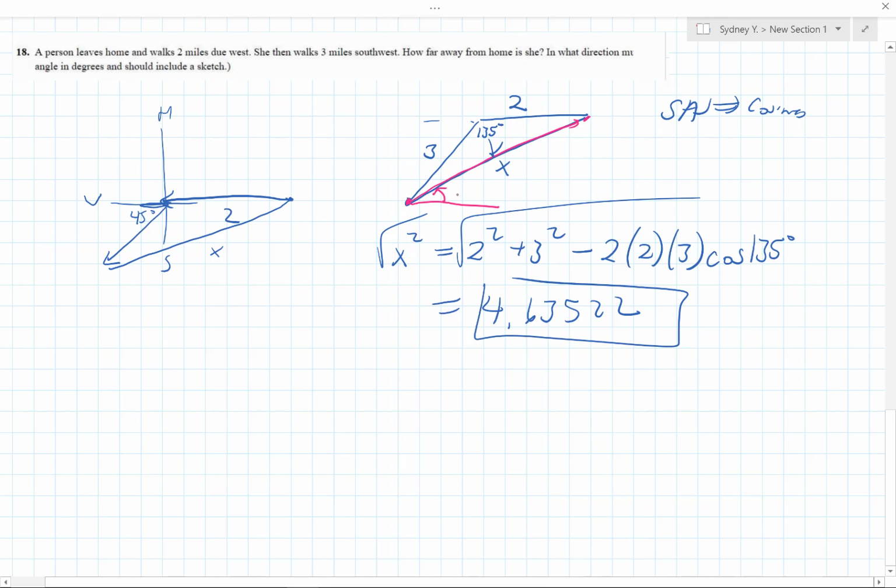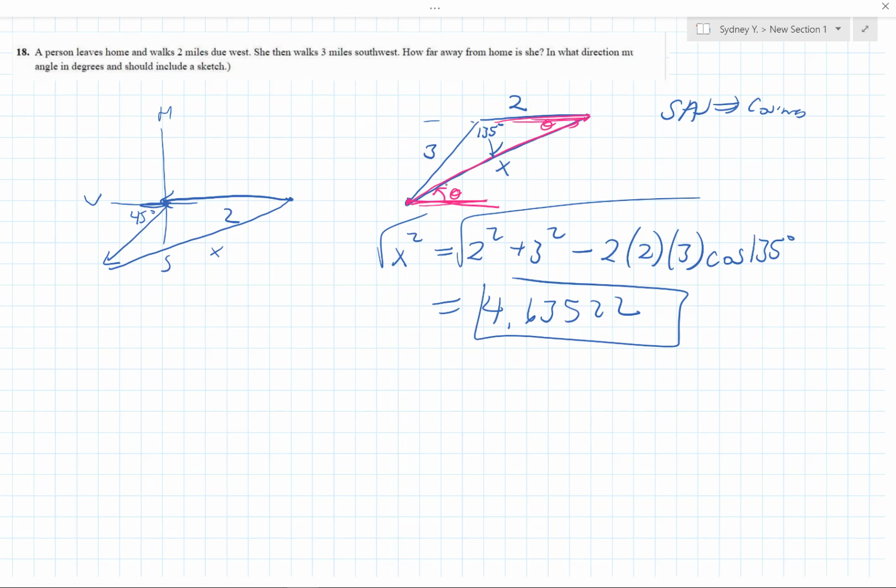And since these lines I can draw as parallel, then they're going to be the same. So if I can find that angle, I'll know that angle. Is that what I want to know? What direction she has to walk? Yeah, that's what direction she must walk.